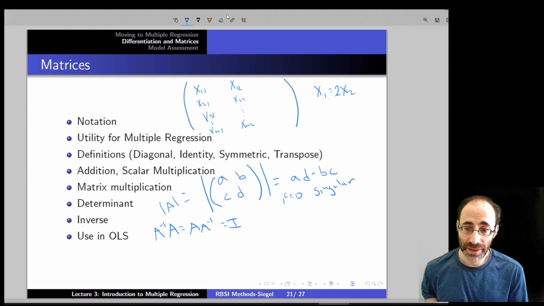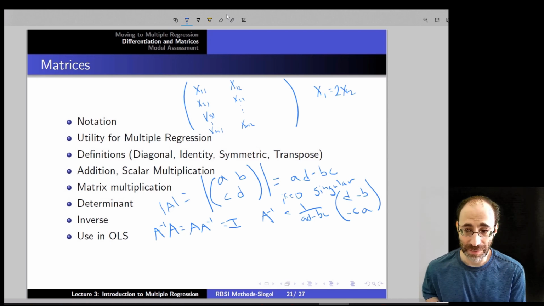For 2 by 2, A inverse would be 1 over AD minus BC times the matrix D, negative B, negative C, A. And you can check this, which is good for me because you always mess up this kind of thing on the fly.